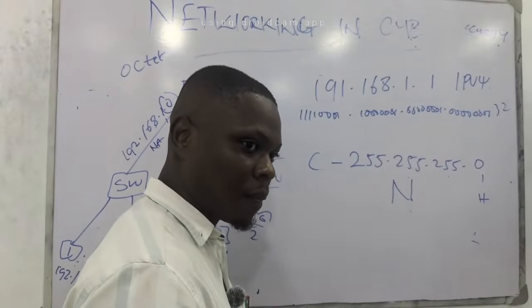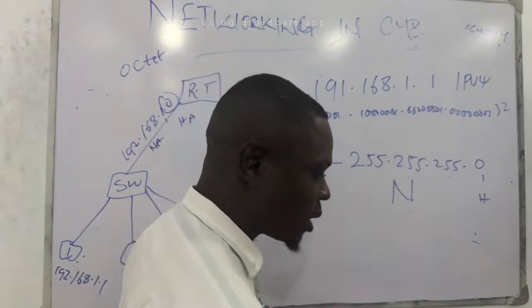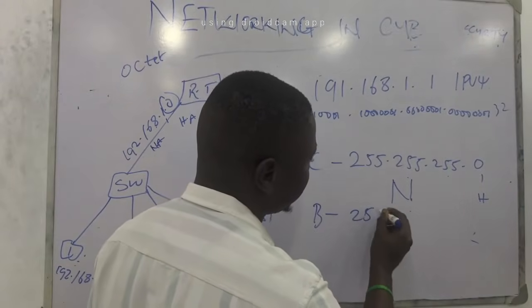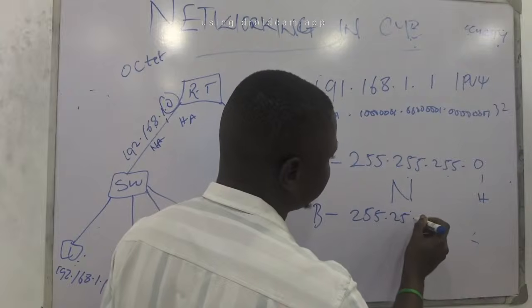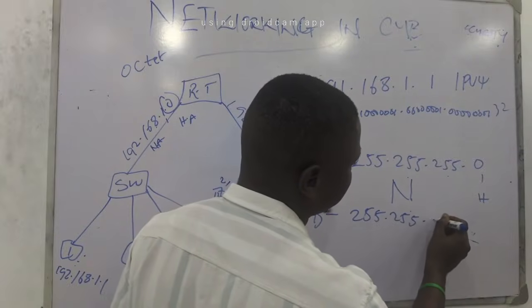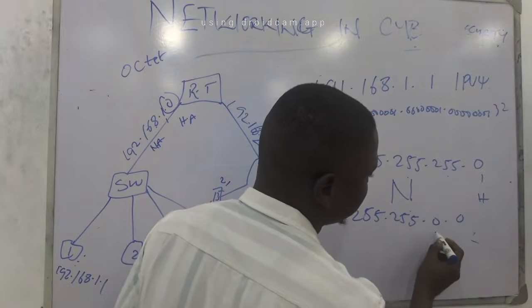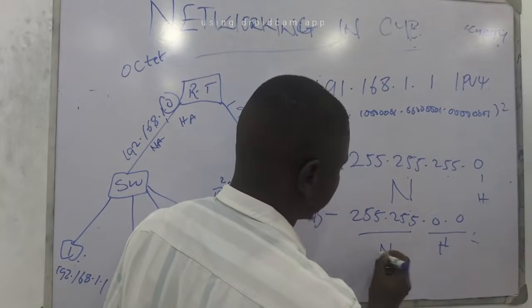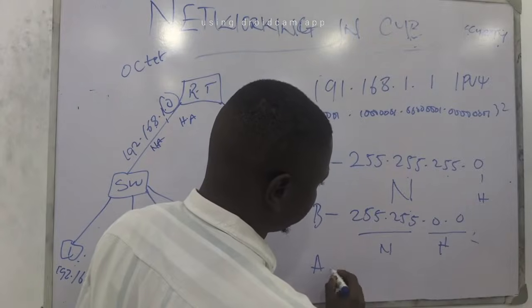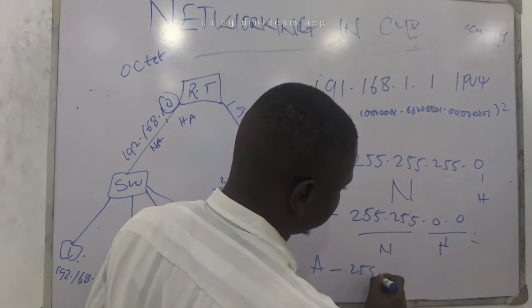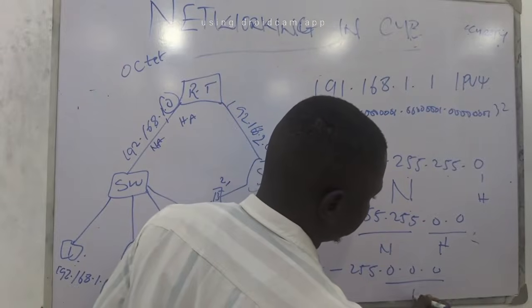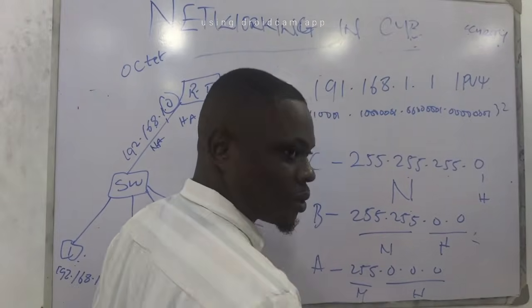Is it clear? Altogether? All right. Then the class B looks like this: 255.255.0.0, meaning these zeros are host, this is network. Then class A, 255.0.0.0, meaning this is host, this is network.